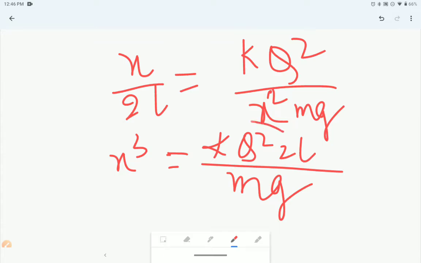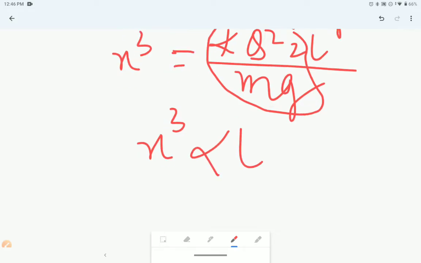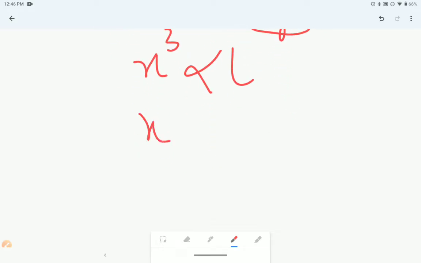So if we treat all this as constant and we are only required to find the proportionality relation between x and L, then x cube is directly proportional to L, which means x is directly proportional to L power 1 by 3.